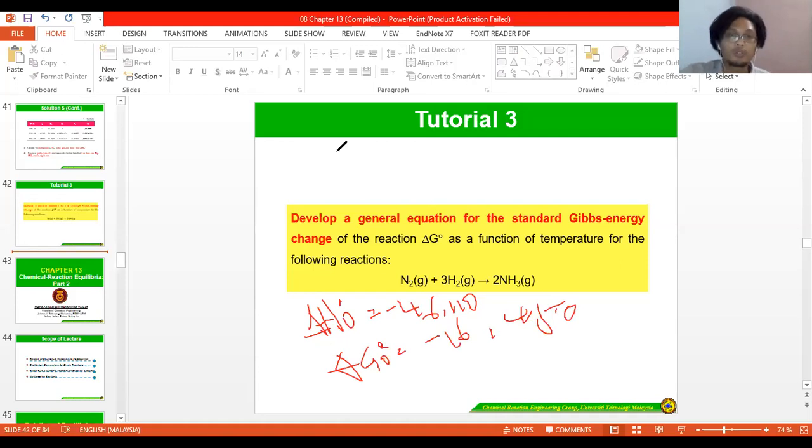And please determine also delta A, delta B, delta C, and delta D. If you determine delta A, delta B, delta C, actually you can refer to the problem. Problem which one?